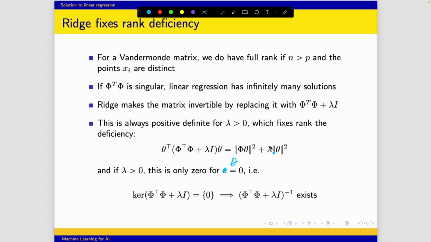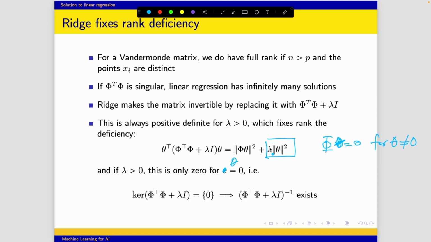Well, even if phi is not full column rank, we can have phi theta equals 0 for theta not equal to the 0 vector. So there are cases where this is 0 even when theta is not the 0 vector. We now have this term here.